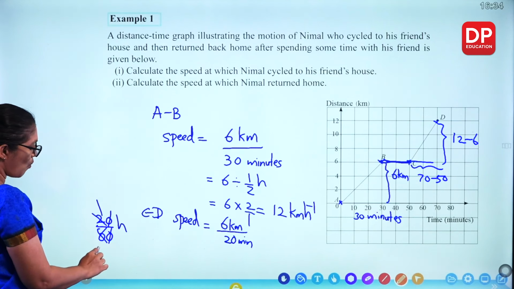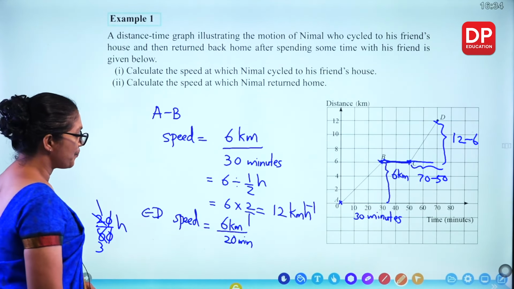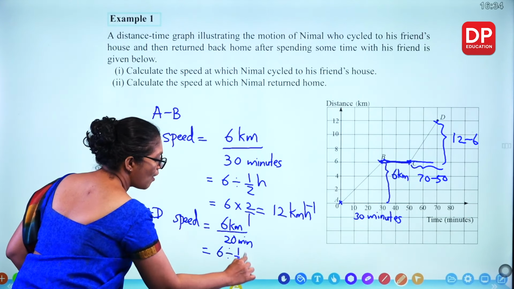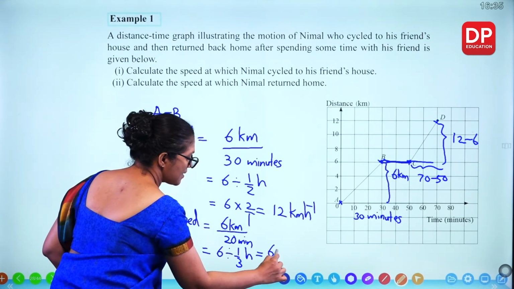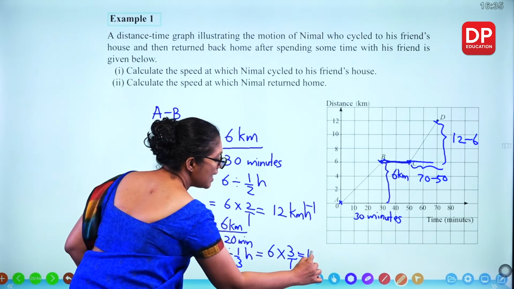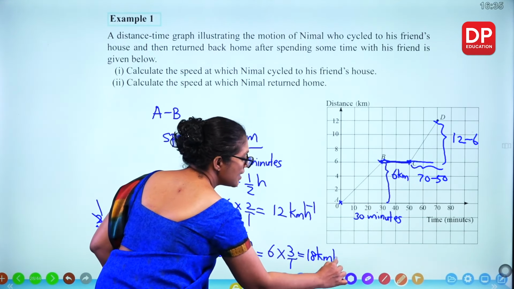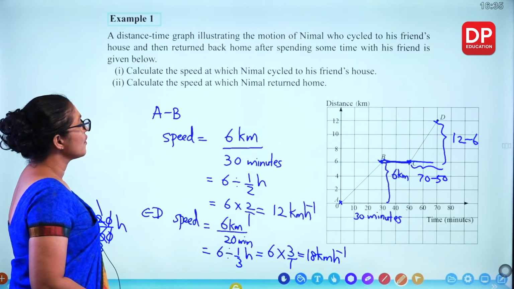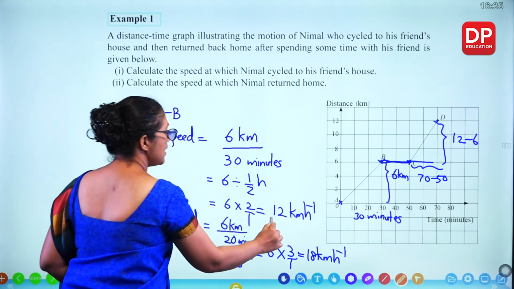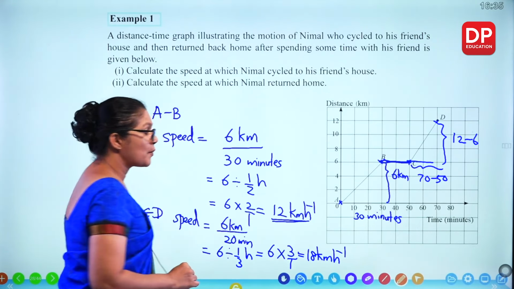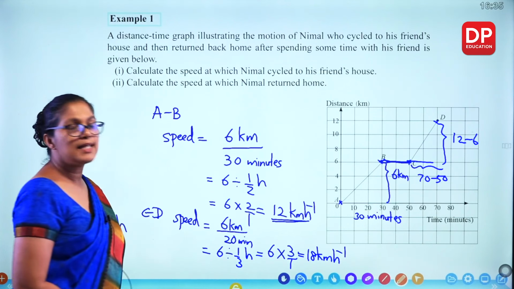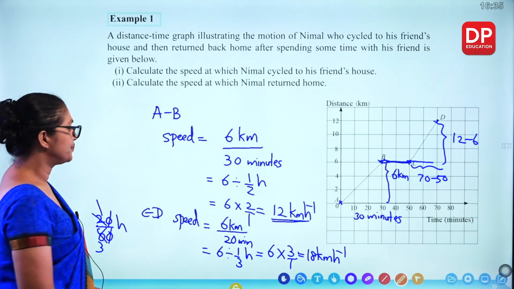That means 1/3 hours. So we can do 6 divided by 1/3 hours, and that's 6 multiplied by 3/1, that's 18 kilometers per hour. So when he goes to his friend's house, he traveled at 12 kilometers per hour. Coming back home, that's 18 kilometers per hour.